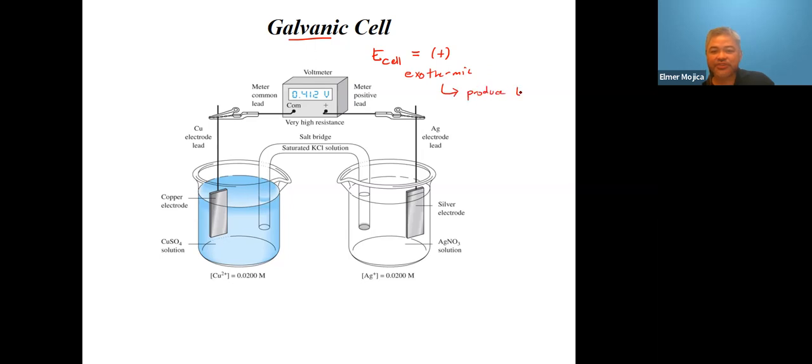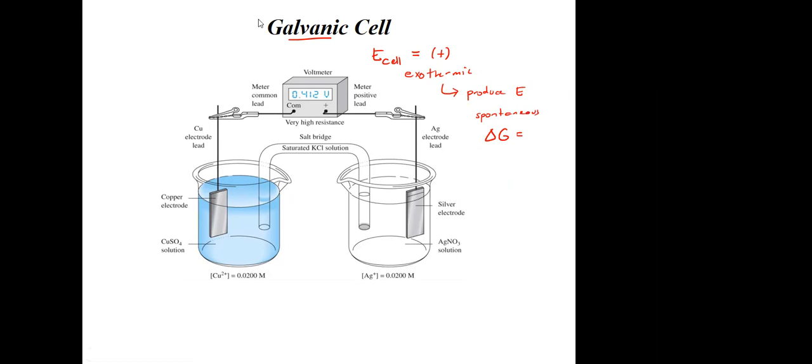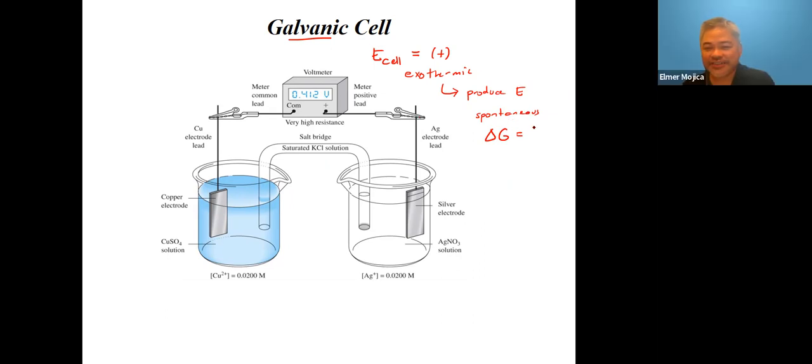May pro-produce siya ng energy. Okay? So we could say a galvanic cell would also have what? A spontaneous reaction. So in terms of delta G, ano yung sign ng delta G? Review lang to. Negative po. Okay? So a spontaneous reaction will give you a negative sign.